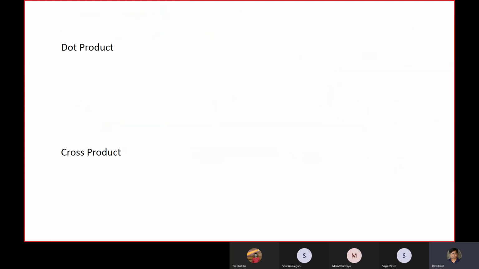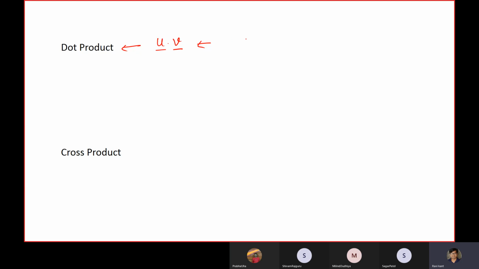Okay, with this we can now write my dot products. So let's suppose I have a vector u and I want to make a dot product of u and v. We can write in this fashion.